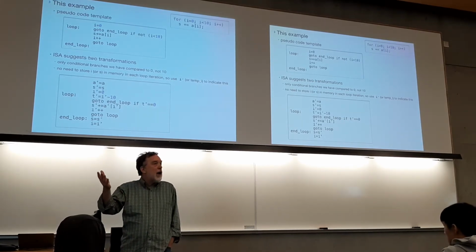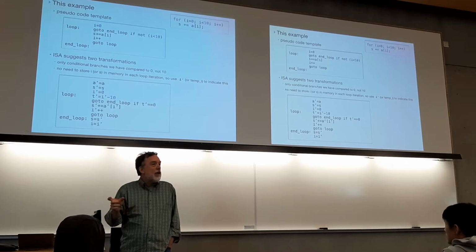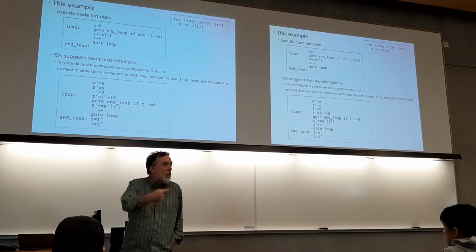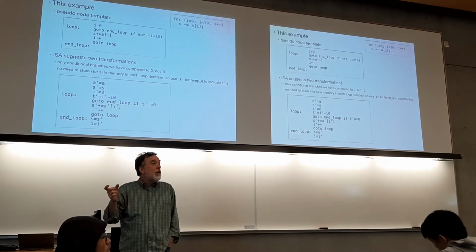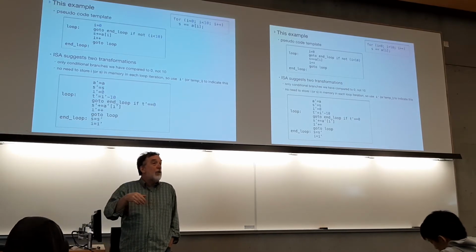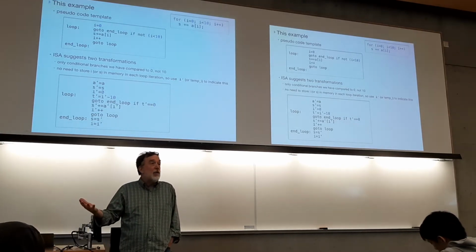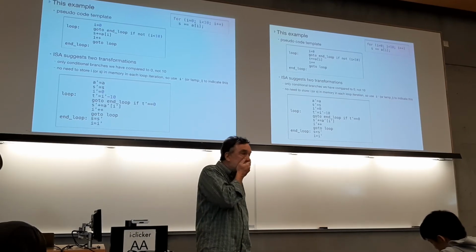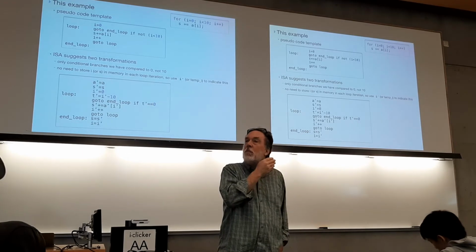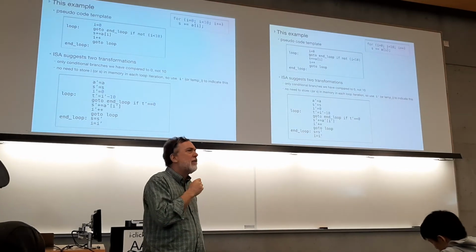Branch is a 2-byte instruction that uses PC relative addressing so that you can jump to nearby locations with a small instruction. Jump uses absolute addressing. It's a big instruction, and that's what we'll use for things like procedure calls. So, any questions about that?